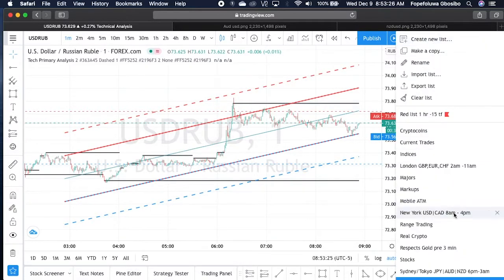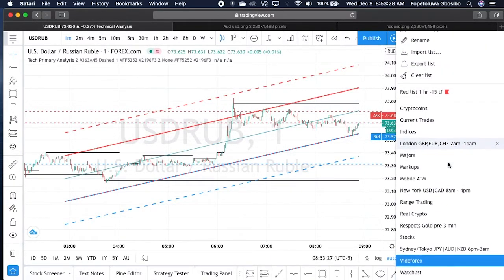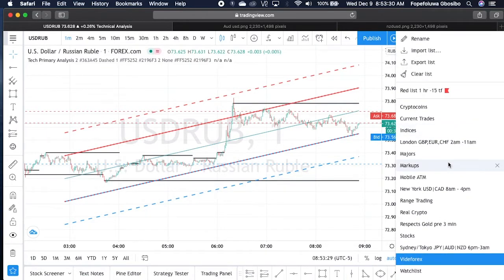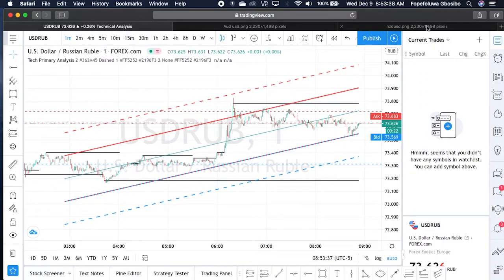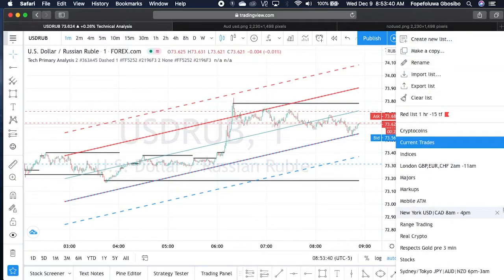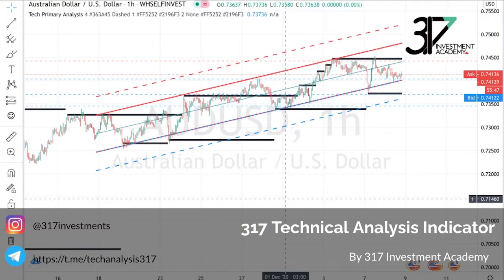But that's pretty much the summary of the indicator. Just imagine you just got 119 pips on two regular pairs, not indices, not metals, not any fast moving pairs, just two regular moving pairs.